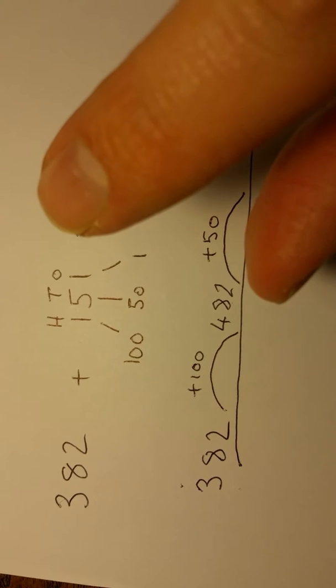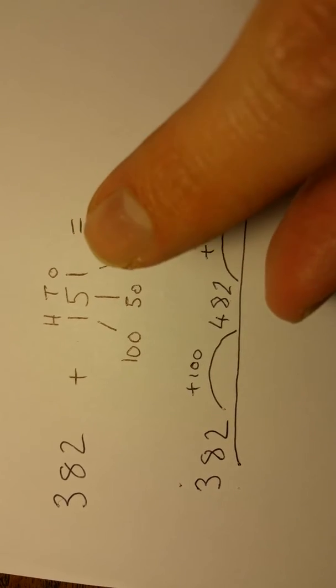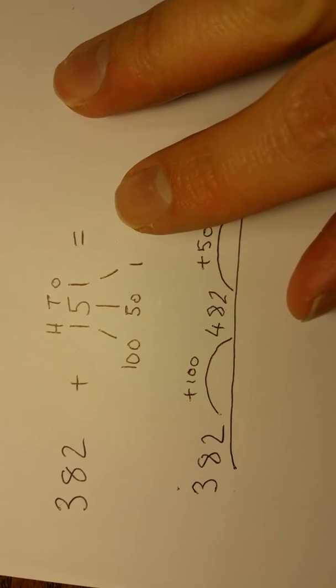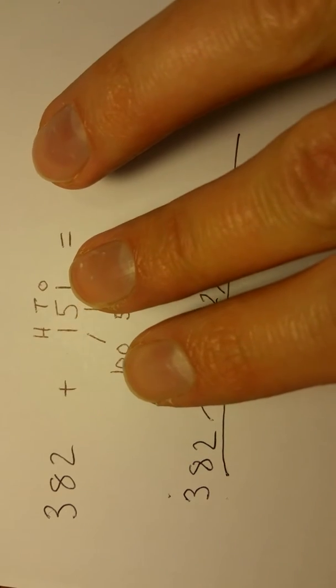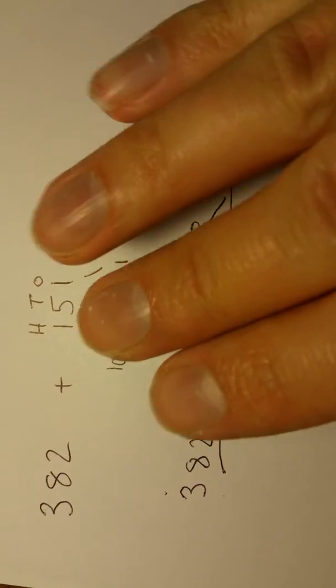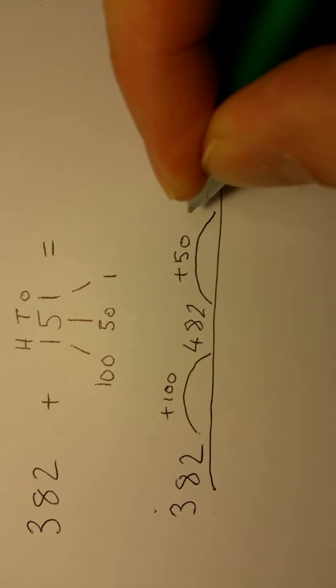It's not going to be 400. It's going to be 502, 512, 522, 532.